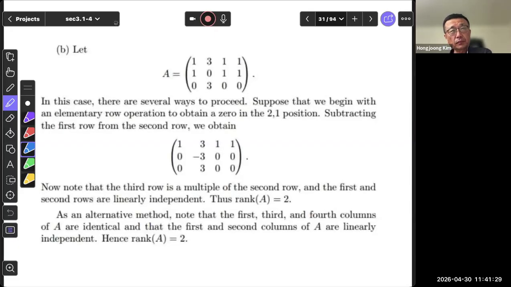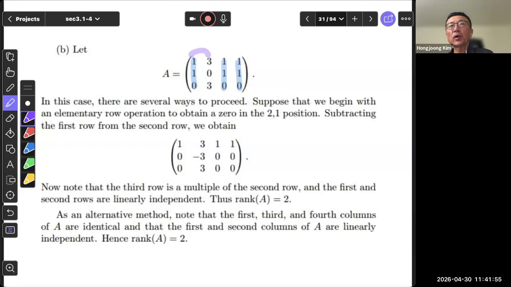When I look at the matrix B, the rank is 2 in this case, because as you can see, the first, third, and fourth columns are redundant, right? So only 2 columns will be linearly independent. So the rank of this will be 2.